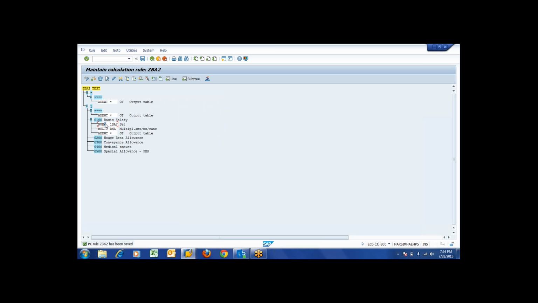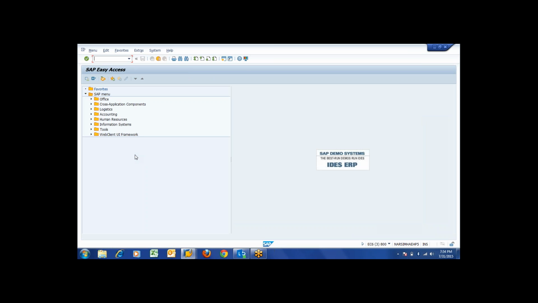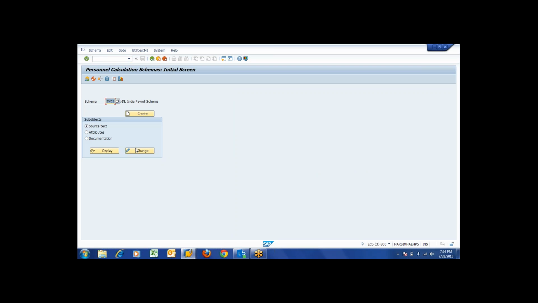So the same thing I am copying over here and I am pasting under all the wage types. So this is a simple rule, and we'll try inserting this rule in our schema.